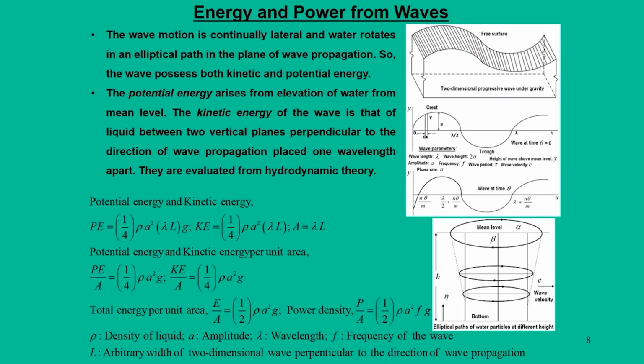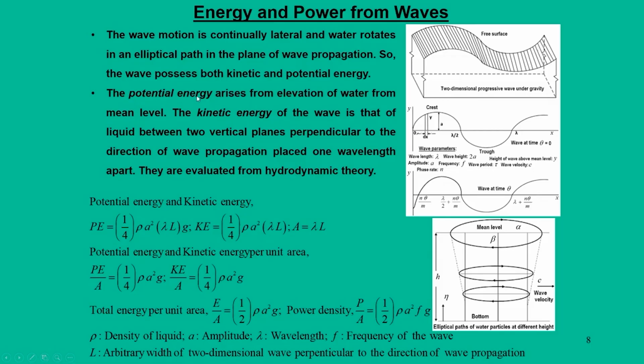Now, because we are interested in harnessing energy from the wave, looking at these wave parameters, the energy numbers have to be calculated. For that, a wave possesses two types of energy. One is potential energy, which arises from the elevation of water from the mean level.